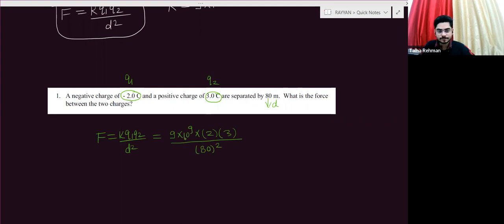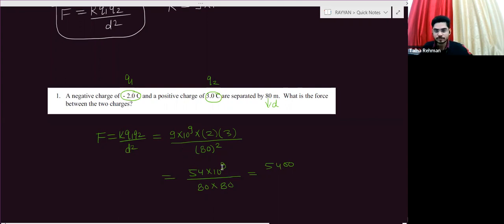We will solve this. This will become 72, I think 54. 54 into 10 to the power 9, and this is 80 square, so we can write it as 80 into 80. Further, we can write it as 5400, and 20 we have taken from 10 to the power 9, so it will become 10 to the power 7, and here it will be 80 into 80.